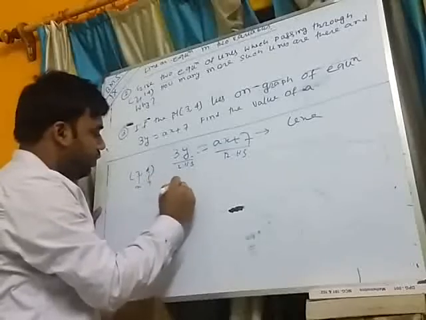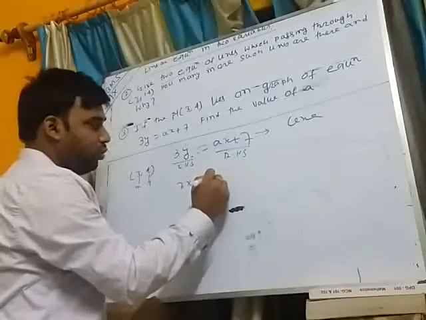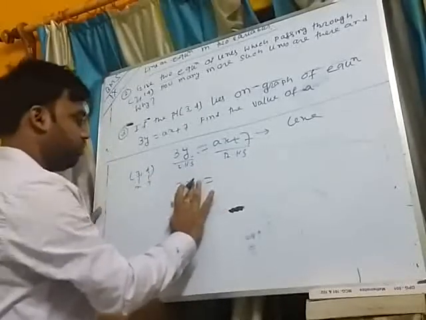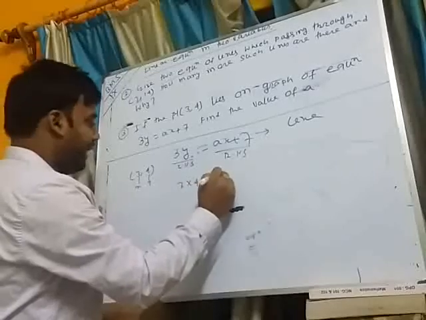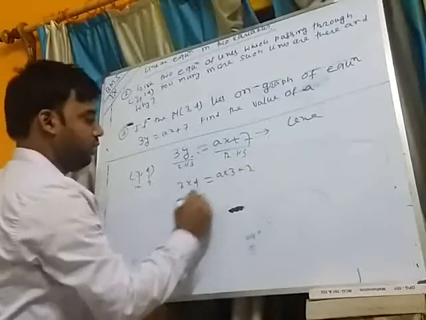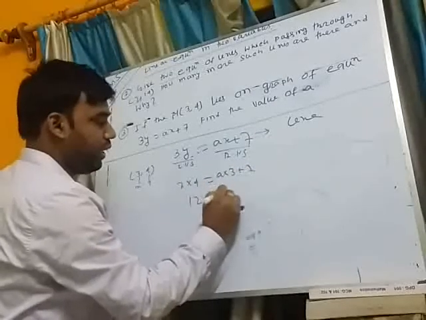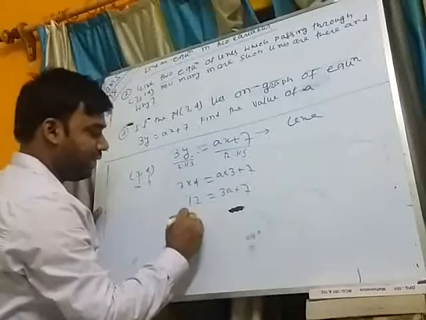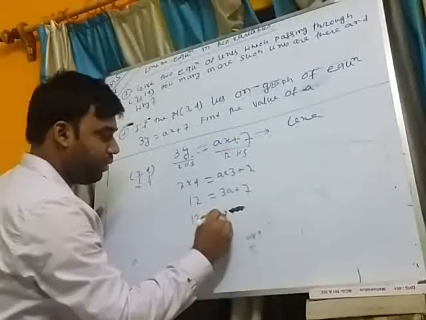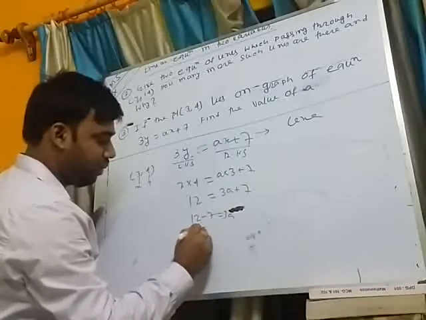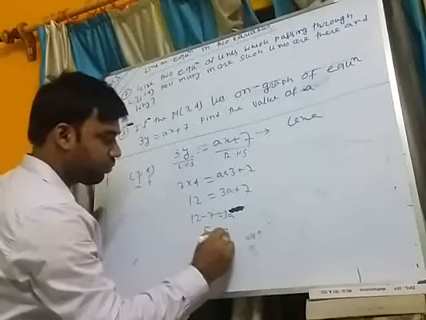So 3 into 4 equal to a into 3 plus 7. So 12 equal to 3a plus 7, that is 12 minus 7 equal to 3a, that is 5 by 3.